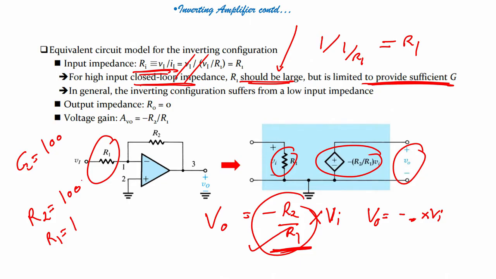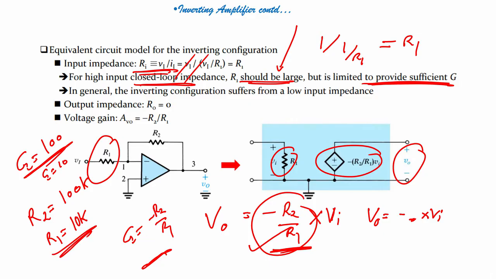So, I can have R2 equal to 100 k, R1 equal to 1 k, you see. So, it is limited by the gain. Even if we want higher, if I put 10 k here, my gain will not be 100, my gain will become 10. Why? Because gain is minus R2 by R1. So, it is limited to provide sufficient gain, alright.